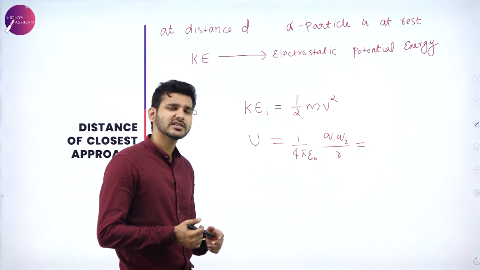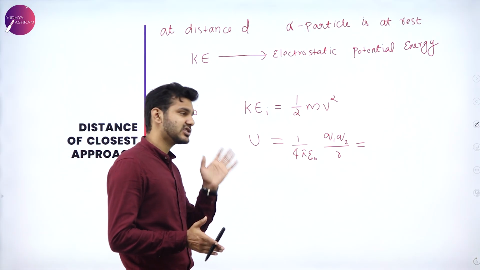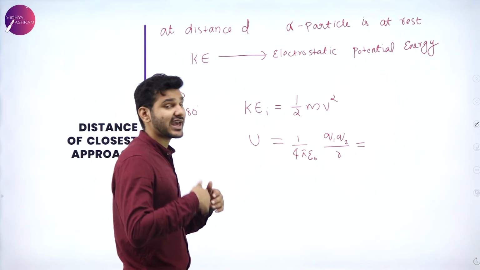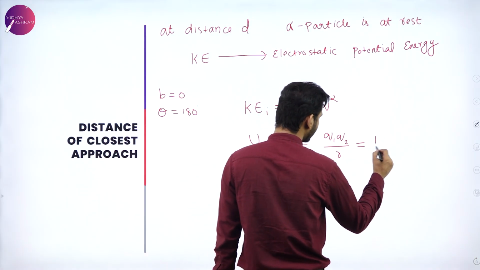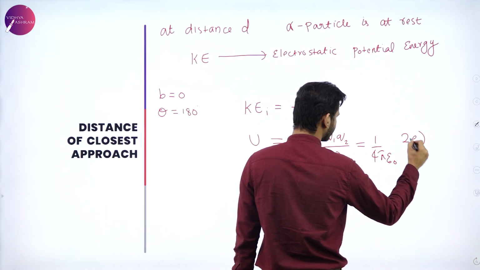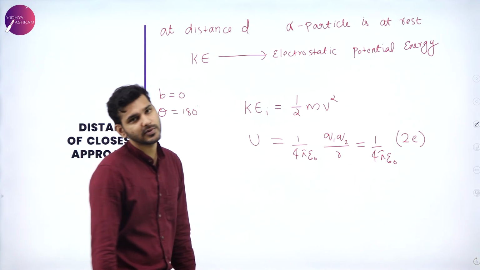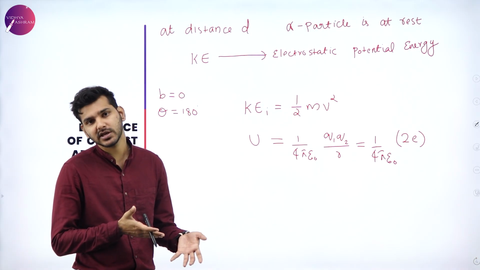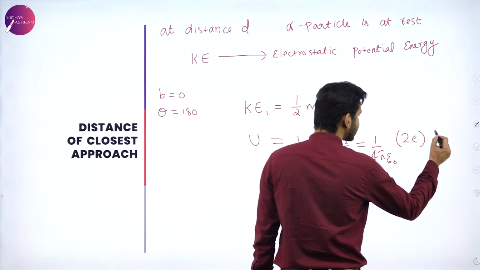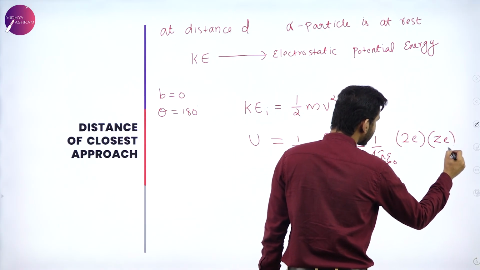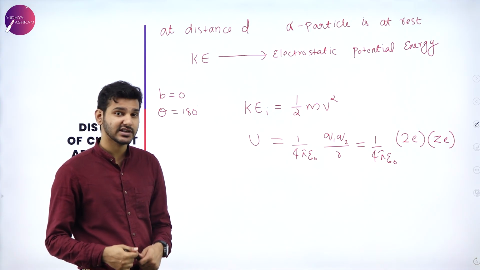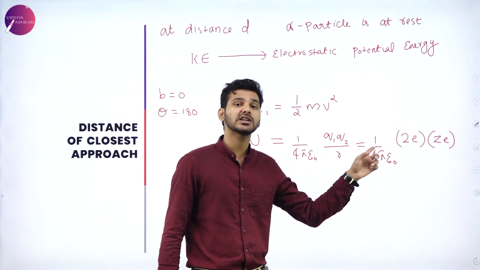These two charges are the alpha particle which is going towards the nucleus, so in magnitude it can be represented as 2e, and then we have to multiply this with Ze, that is the magnitude of charge on the nucleus, because these are two charges separated by a distance.